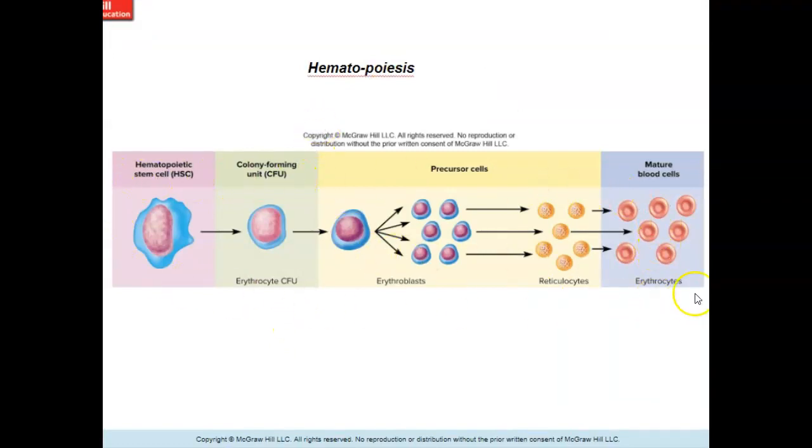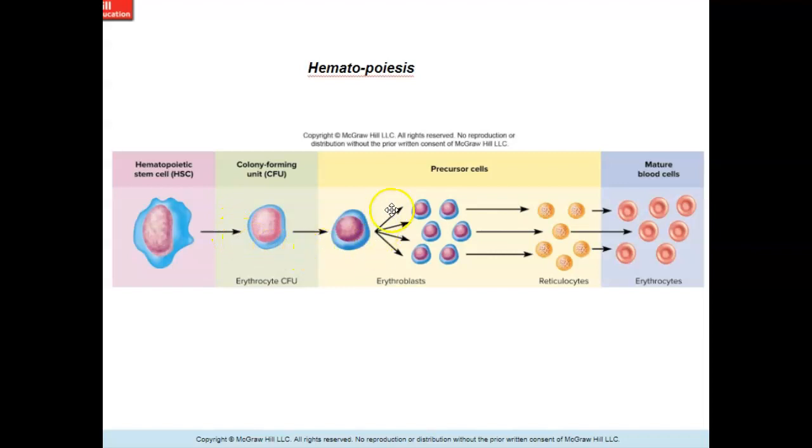Regarding the origin of the red blood cell, we have here the hematopoiesis, which is the formation of the red blood cell. The origin, embryologically, is going to be this cell, the stem cell or hematopoietic stem cell.